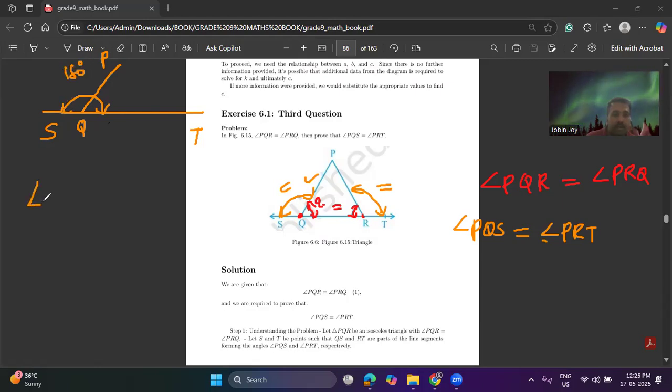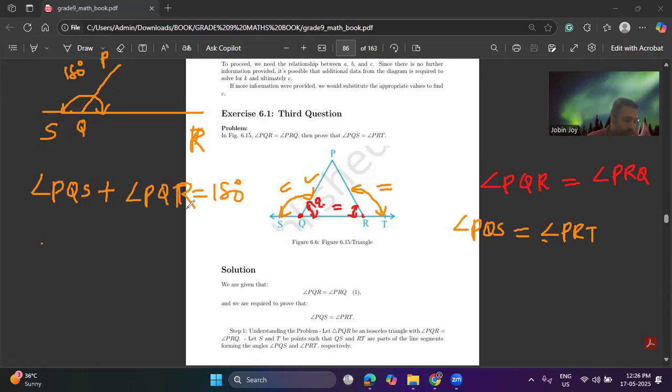So I can write angle PQS plus angle PQR, that is equal to 180 degree. Not PQT, this is R.